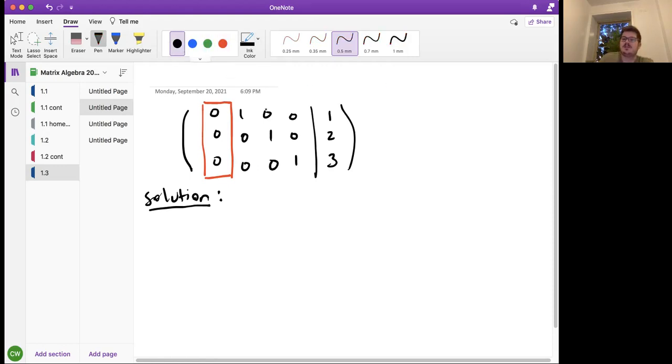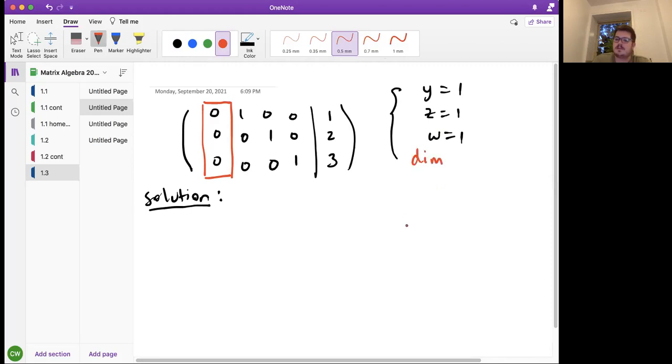So let's write this as a system. This is y equals 1, z equals 1, and w equals 1. But the idea is, what dimension is this? Three by 4, yeah.